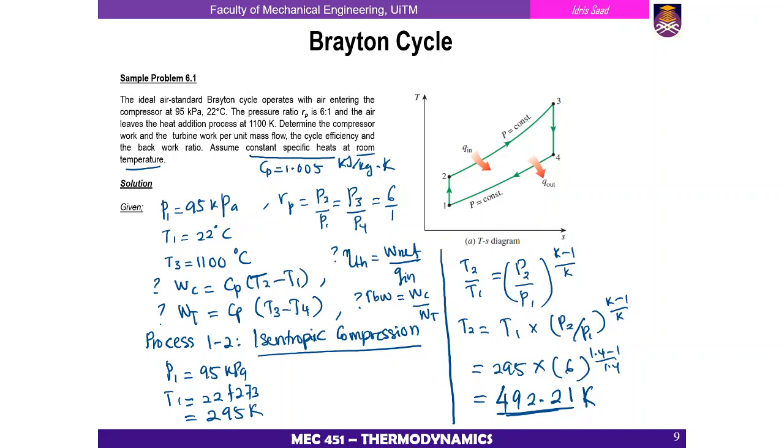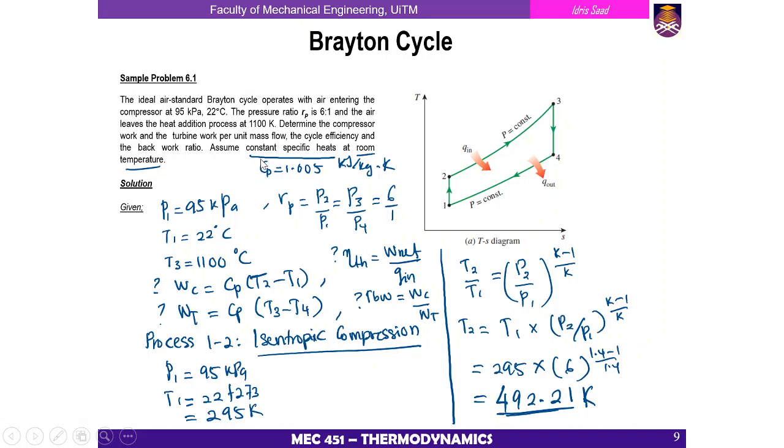Okay, so look back at this question. We should know that given directly is the constant specific heat at room temperature. So we assume this entire exercise uses constant specific heat, Cp, specific heat at constant pressure, which is 1.645. This is the specific heat used for this exercise.